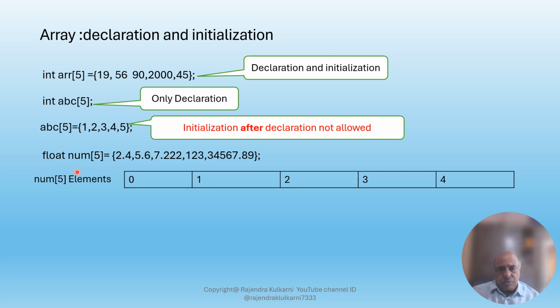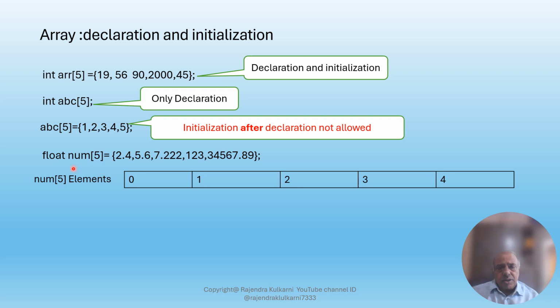In the case of the float num array, we have declared a dimension of 5, and all the constants which we will be storing in this array are of float type. Each float constant is allotted 4 bytes in memory.